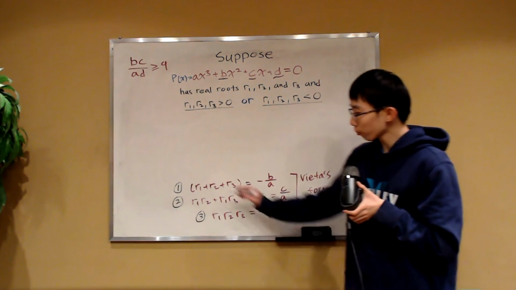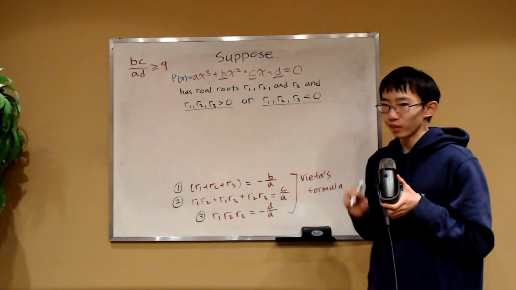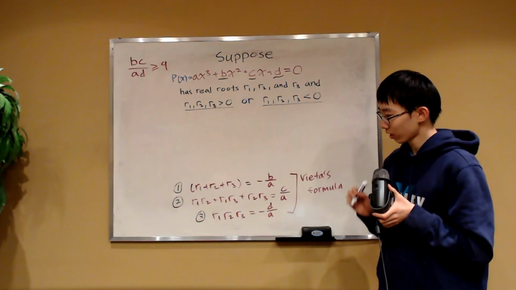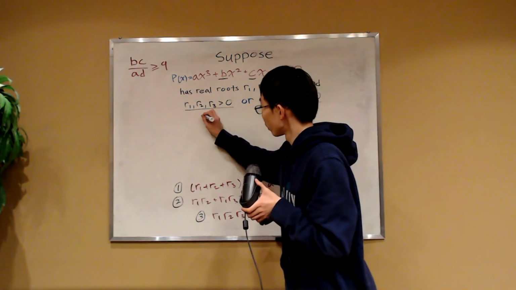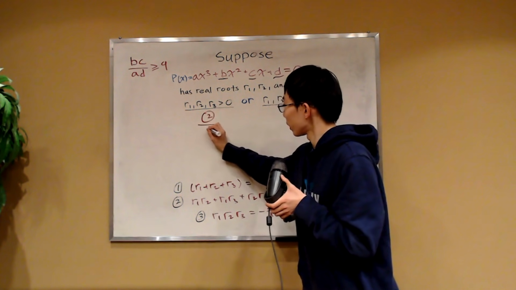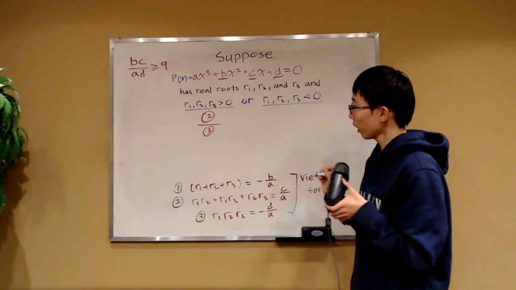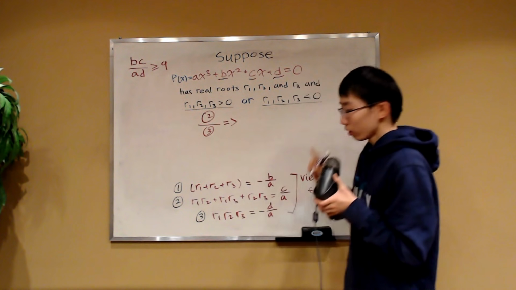Okay, so I've numbered our equations. Now, this is where the magic begins. I'm going to divide equations. Specifically, I'm going to do equation 2 divided by equation 3. And this will give me, okay, now observe this.